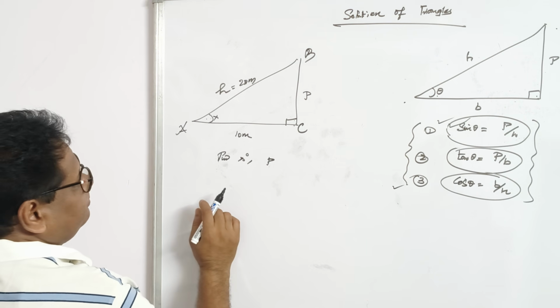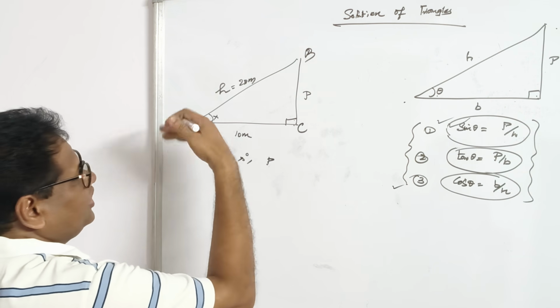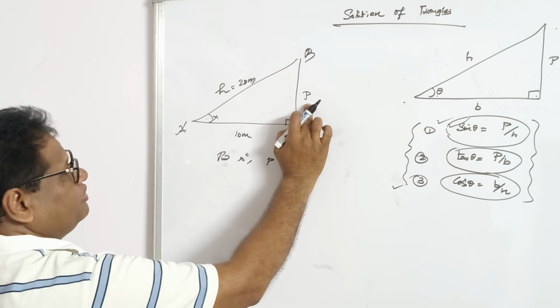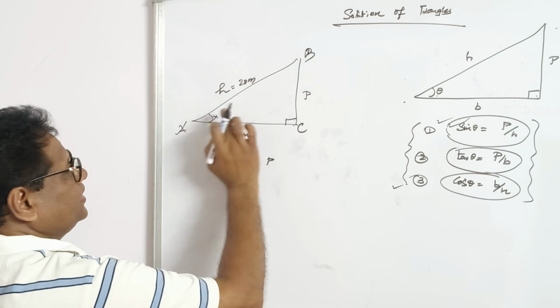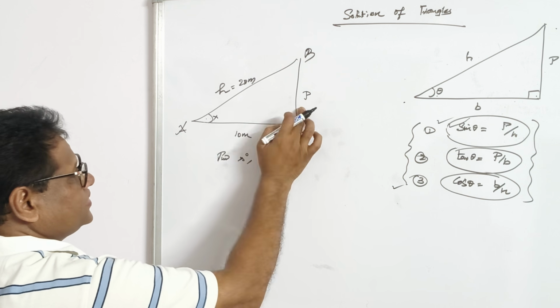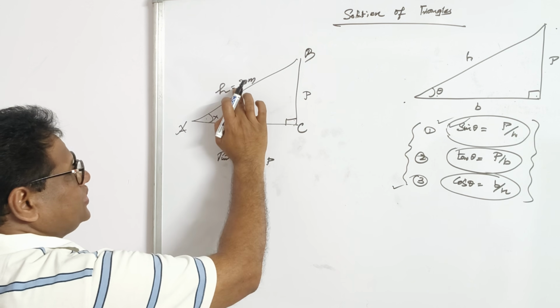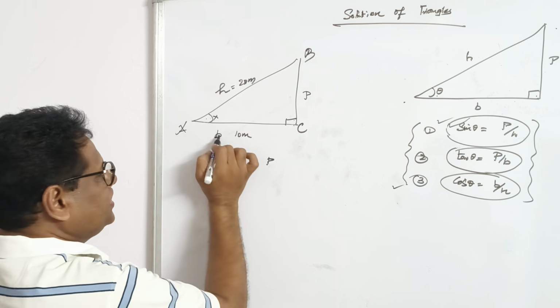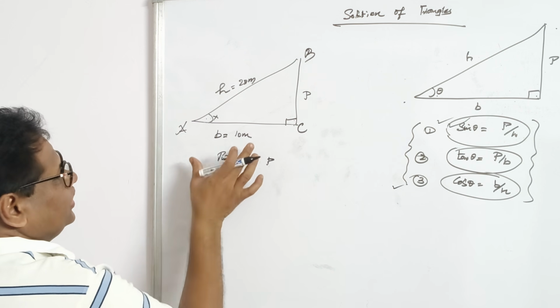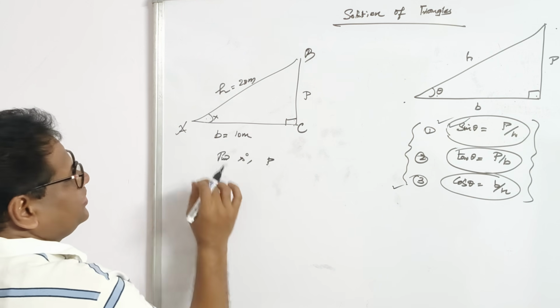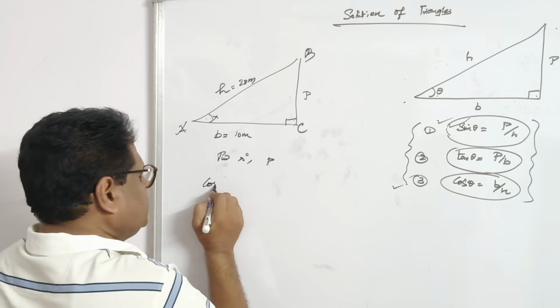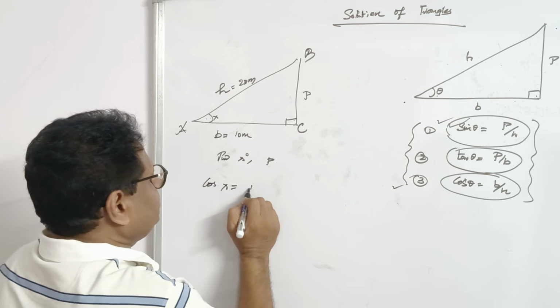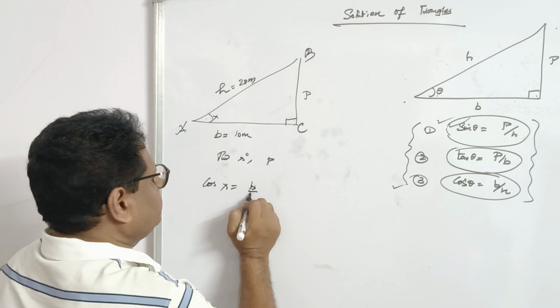Now first and foremost thing, label all the parts: perpendicular, base, hypotenuse. Already we have identified the perpendicular, the side opposite to the angle theta, that is x. The side opposite to 90 is the hypotenuse, and the remaining side, that is the base, is given to you as 10 meters. So the relation that connects base and hypotenuse is cos. So cos of x equals base by hypotenuse.